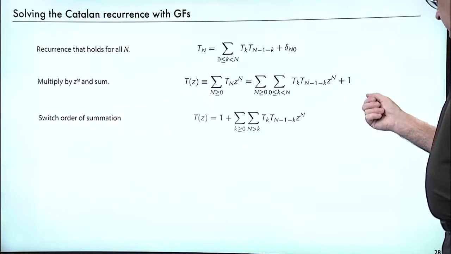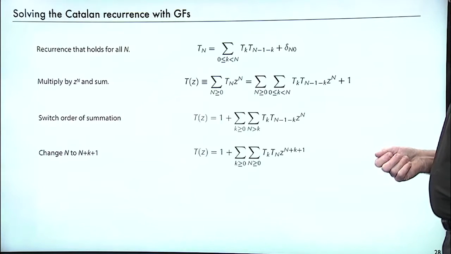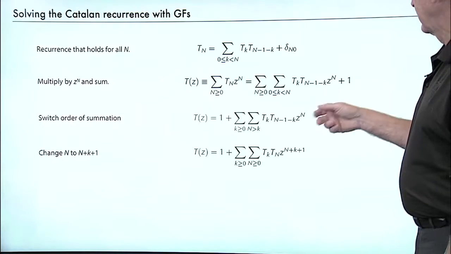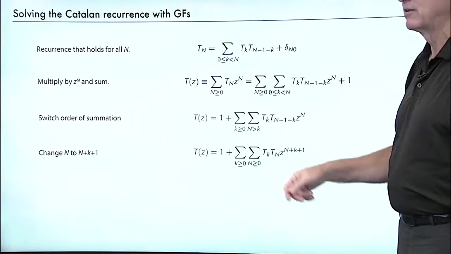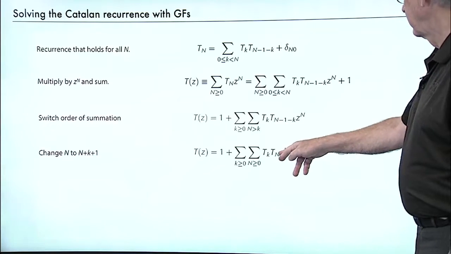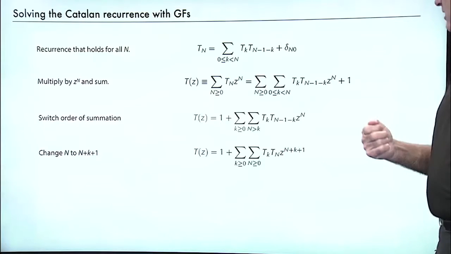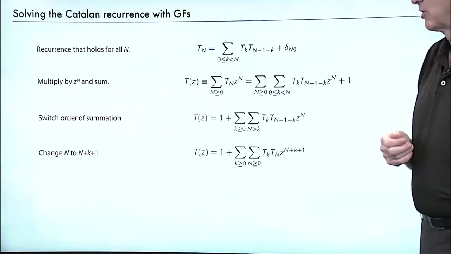Now in that inner sum, we'll change n to n plus k plus 1. n bigger than k, that's n bigger or equal to k plus 1, so that's the same as n bigger or equal to 0. And then the t sub n minus 1 minus k just becomes t sub n, and then we have z to the n plus k plus 1.